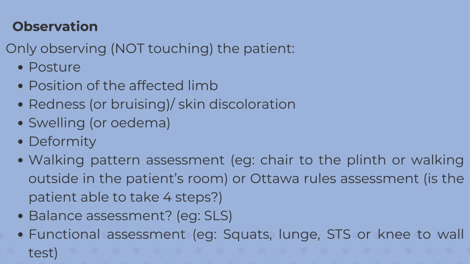All right. Again, it is very important to be specific to what the patient's concern is. If the patient has come to you for a shoulder injury, there is probably no point in you doing a squats assessment or a sit to stand or a knee to wall check, especially in the first assessment.